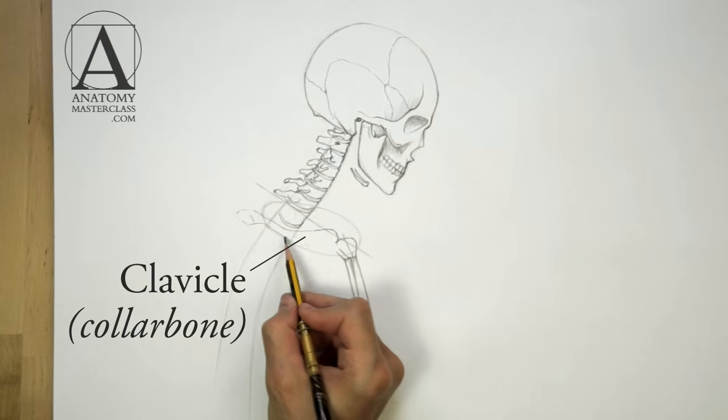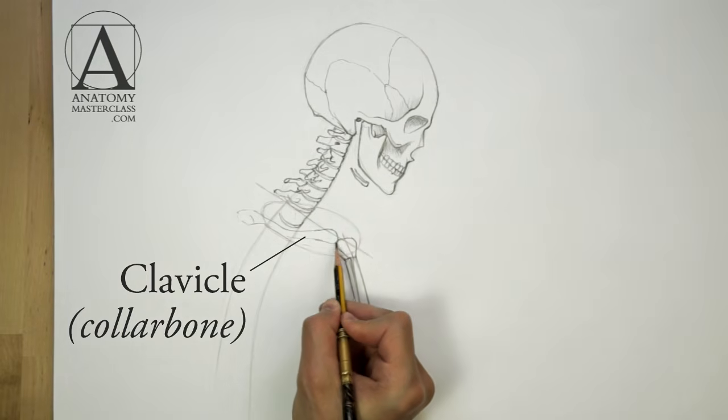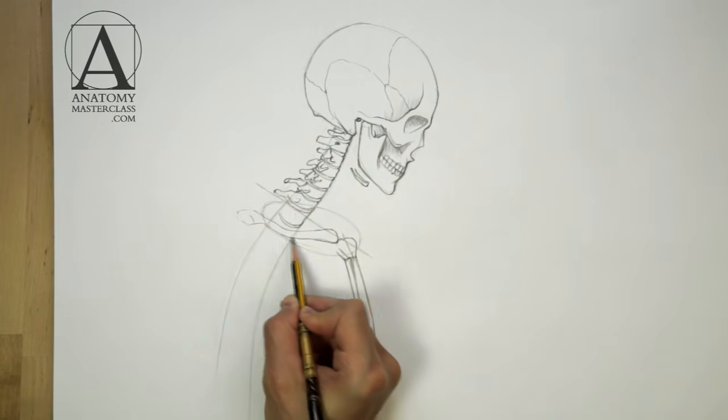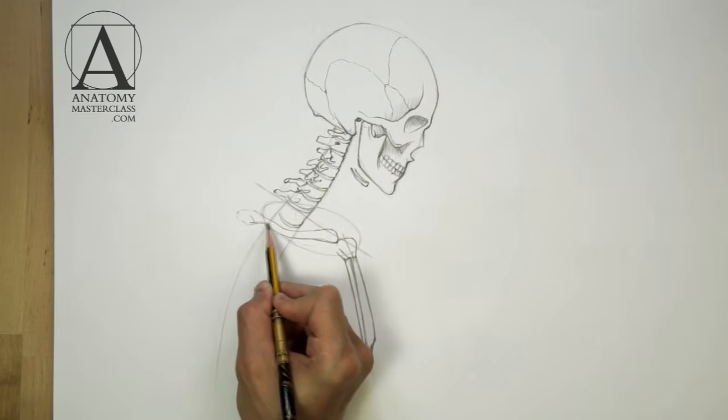Just above the first rib is the collarbone. Its inner side is also attached to the top of the breastbone.